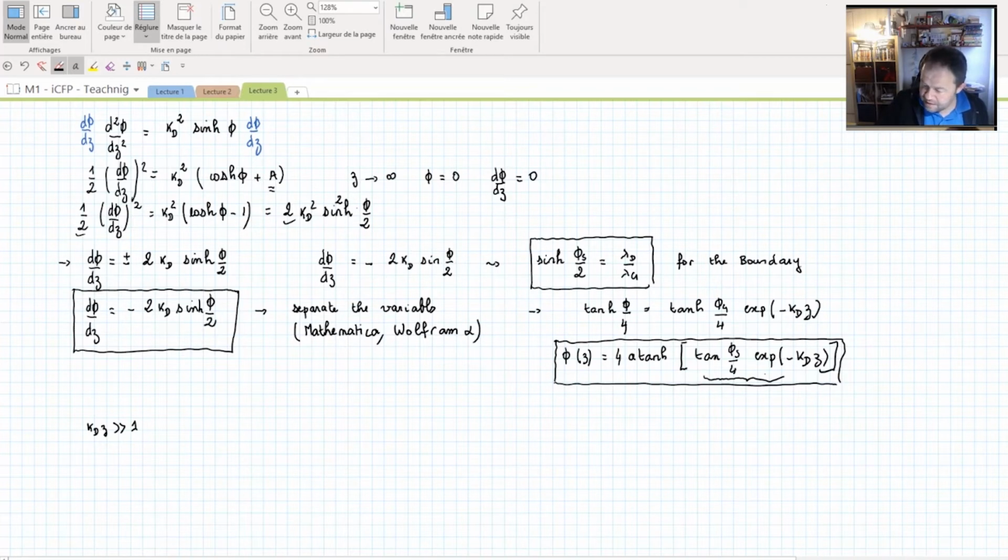And then we can say that the arctangent is equal to the tangent. And then we can say that phi of z is something which is close to 4 tangents of phi s divided by 4 exponential of minus kappa d z.